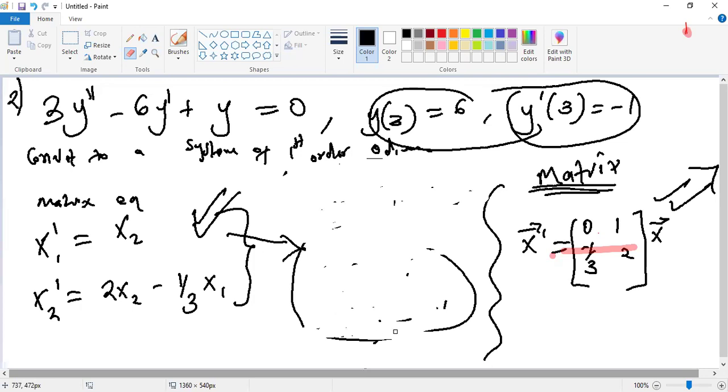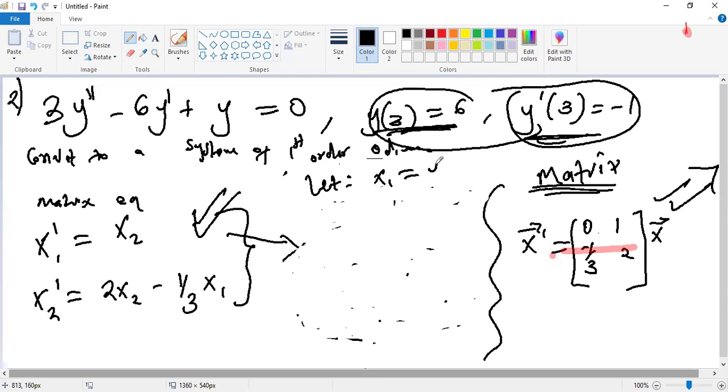Now, for this particular question, look at the conditions that we've been given up there. We've been told that y of 3 is equal to 6 and y prime of 3 is equal to -1. Now, in order for us to rewrite this system, we came up with new variables. We said let x1 be equal to y, x2 be equal to y prime.